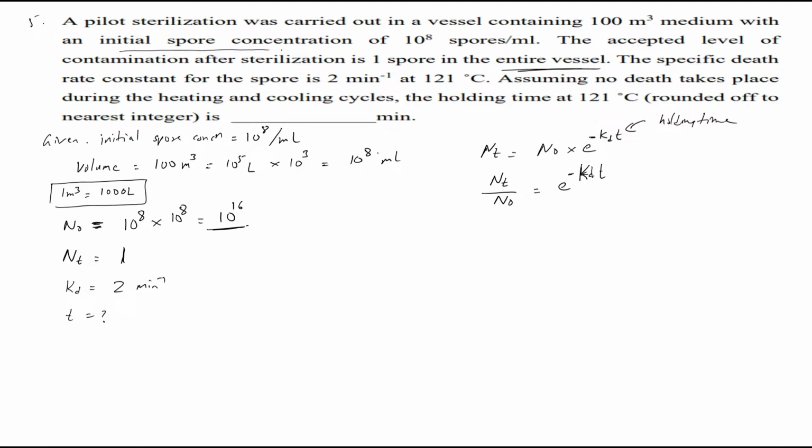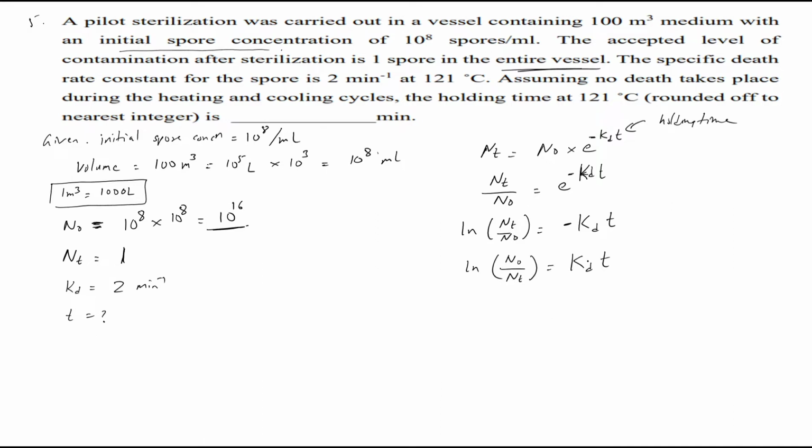Now we will apply natural log on both sides. Now we have to eliminate the minus sign, so we will multiply by minus on both sides. On multiplying, N naught will go up and Nt will come down. So the equation will modify like this.